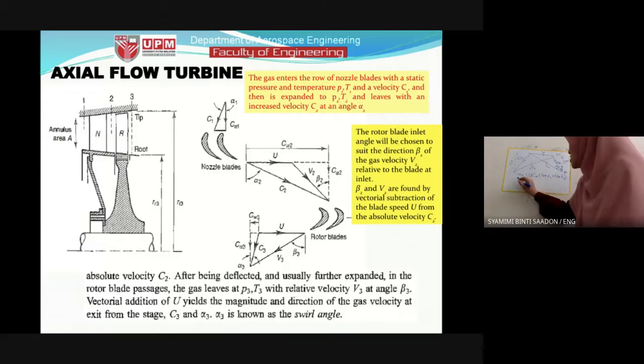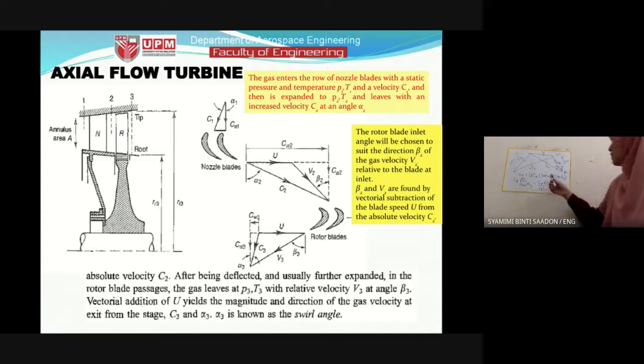The specific work can also be written as Cp delta T0. This is the definition from thermodynamics. So alpha 3, tangent alpha 3 is equal to WS, which is Cp delta T0 over UCA, minus tangent alpha 2.